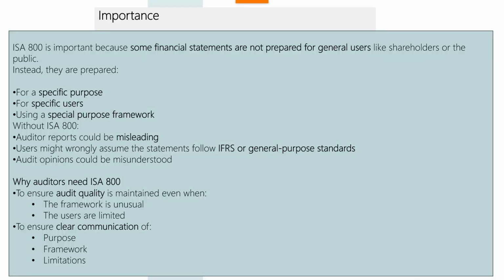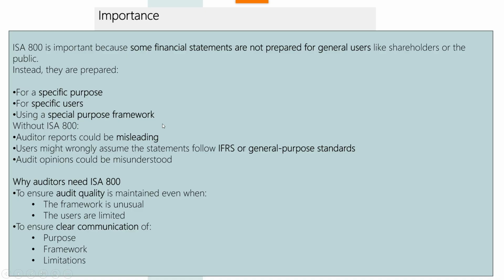Let's move forward to the main importance of ISA 800. ISA 800 is important because not all financial statements are prepared for general use, such as for shareholders or the public. Some financial statements are prepared for a specific purpose, for a specific user, and using a specific purpose framework.